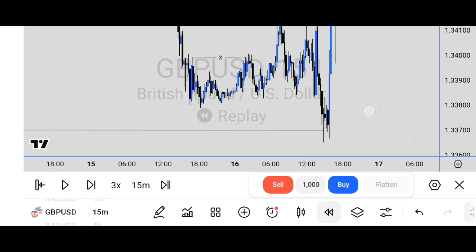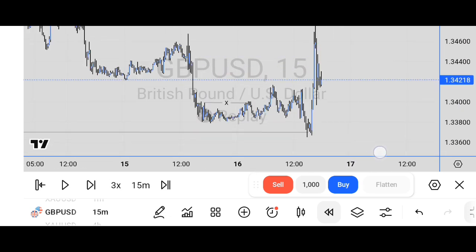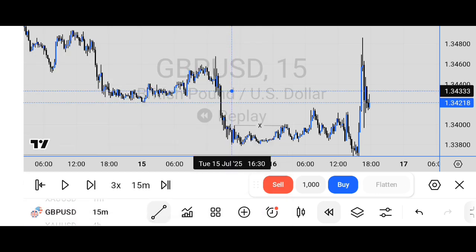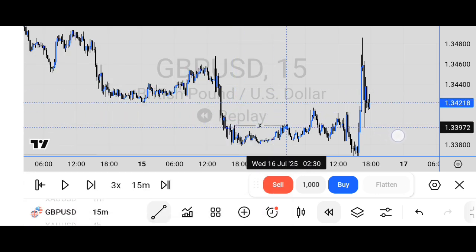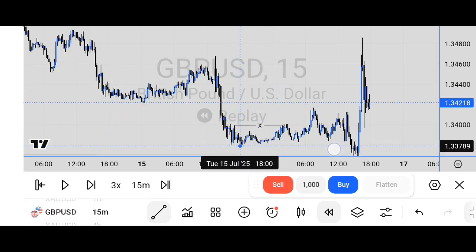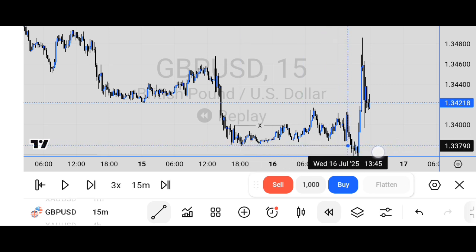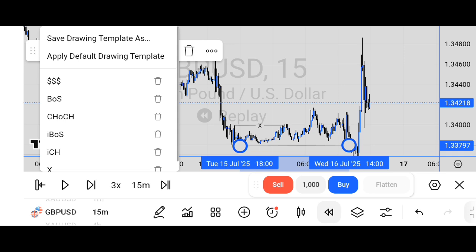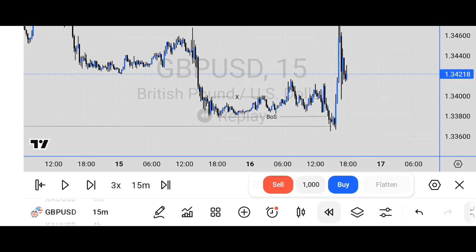Inducement, and then that means that this high, since this high took out inducement, this low is a valid break of structure. We need to take out inducement for us to have a valid break of structure.